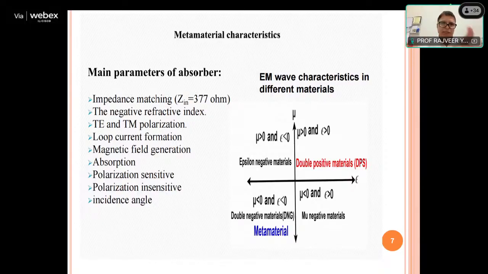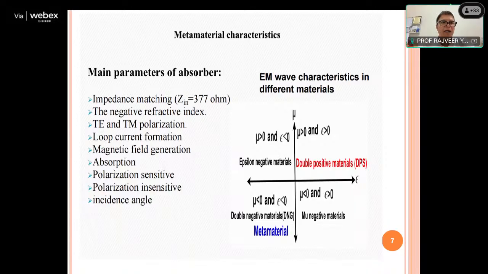So if you see the left side, main parameters of absorber: the impedance matching, Zn is 377 ohm, negative refractance, TE, TM polarization.